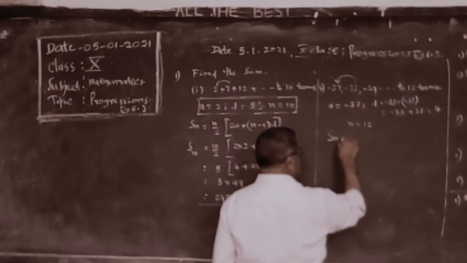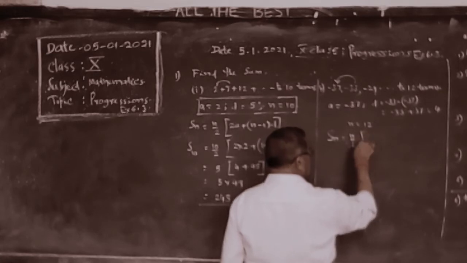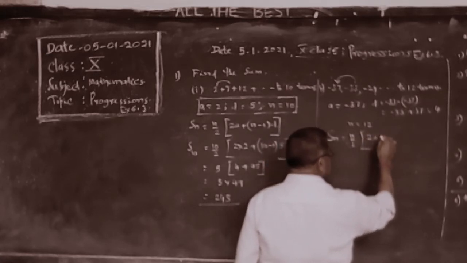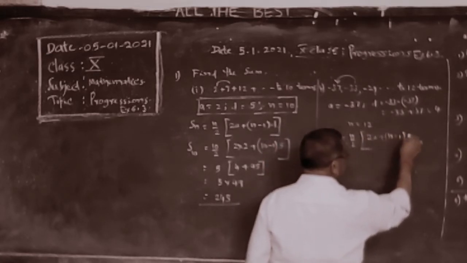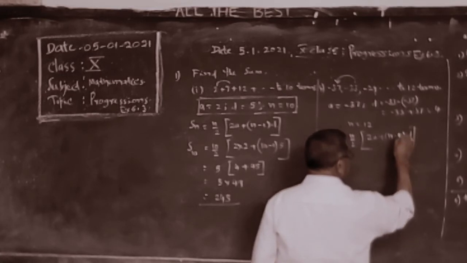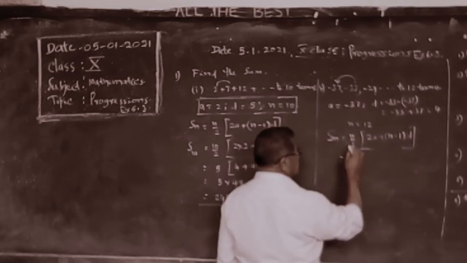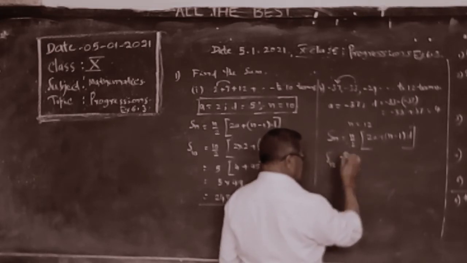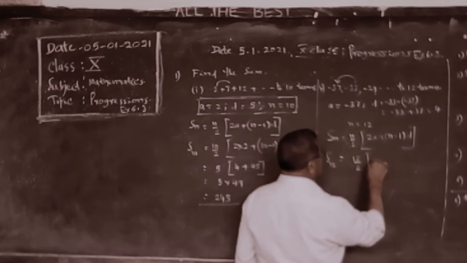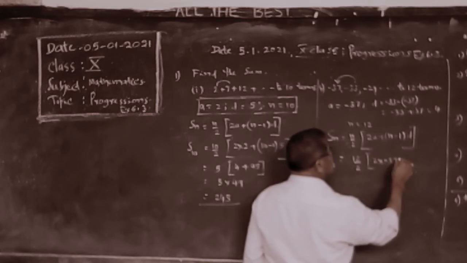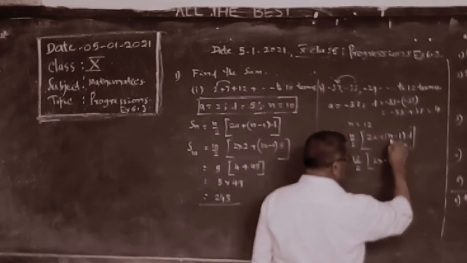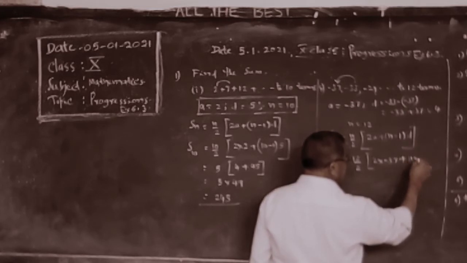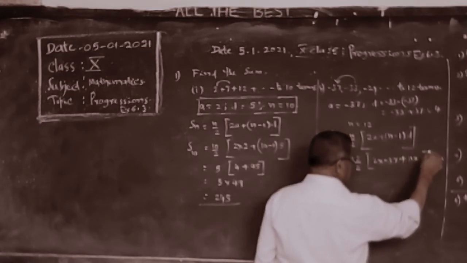Sn is equal to n by 2 of 2a plus (n minus 1) d. Now 12 by 2 is 6, of 2a, where the a value is minus 37 and n minus 1 is 12 minus 1, 11. d is 4.